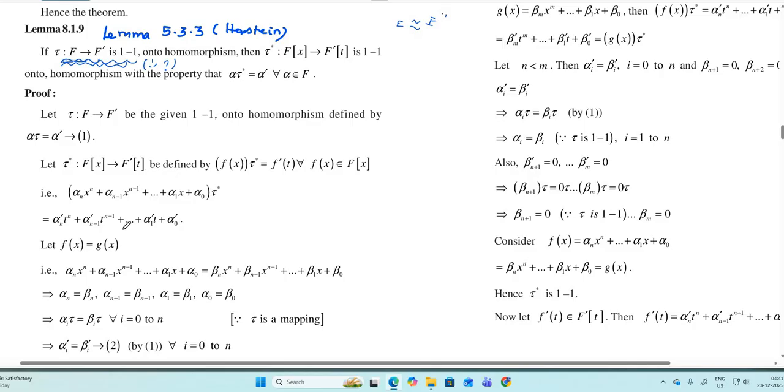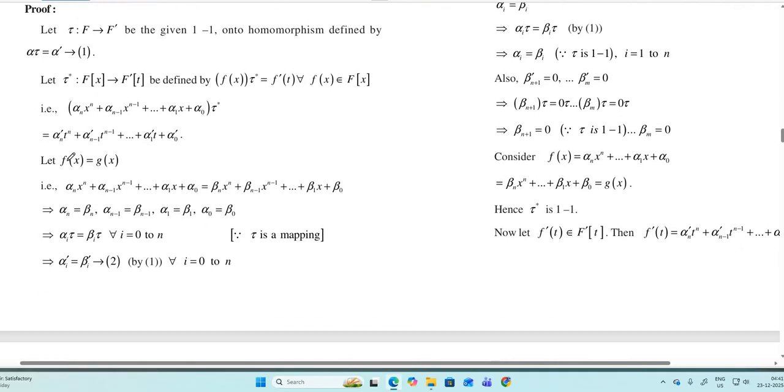Now it has to be proved to be a mapping, for which well-definedness is to be checked. So we consider two elements in the domain to be equal, and we have to establish that the corresponding images are equal, in order to have tau star, which is defined as a rule at the beginning, to be a mapping. So we consider f of x to be equal to g of x.